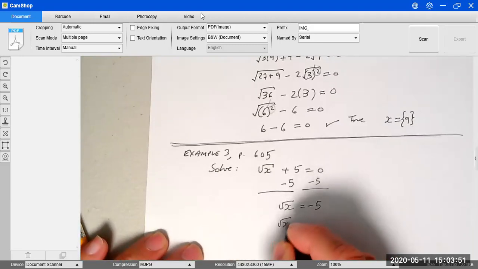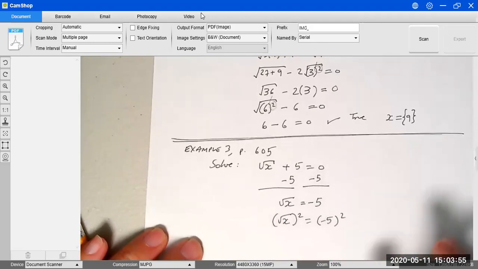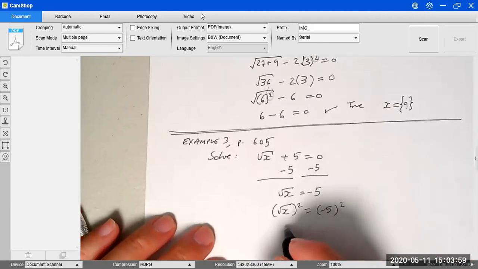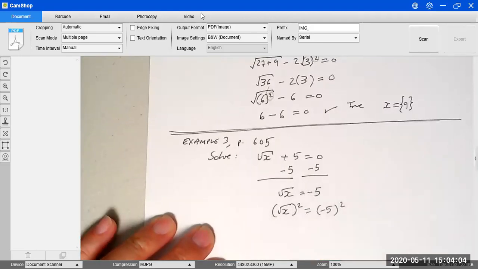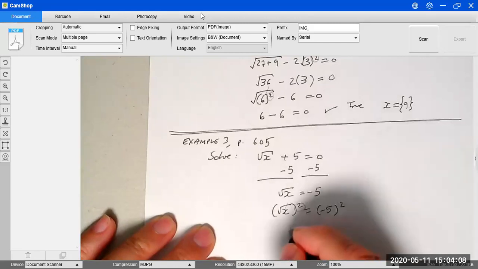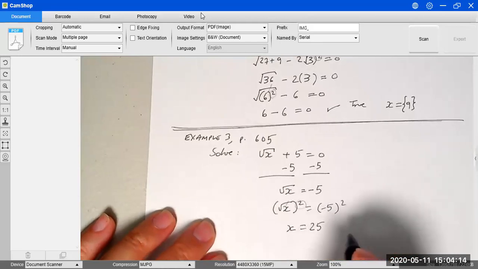So we're going to square the left hand side, we're going to square the right hand side. In this case, the exponent and the radical sign cancel each other. So you get x. On the right hand side, negative 5 squared is going to be positive 25.